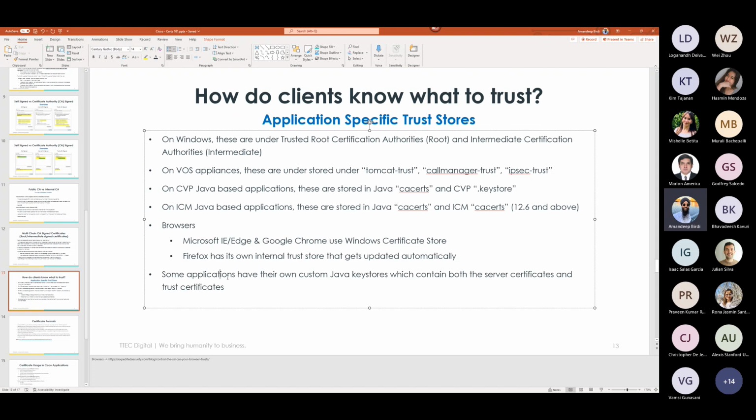And then last point here is that some applications, and I've seen this with Calabrio and probably the same thing with Verint, they have their own key stores, right? That contain server certs and trust certs. So they have their own way of storing that information. Again, if you understand the concept, then it's just a matter of figuring out the commands that you need to run, right?